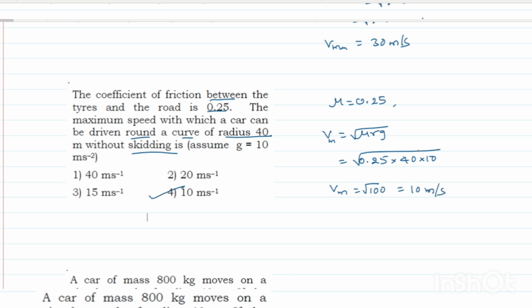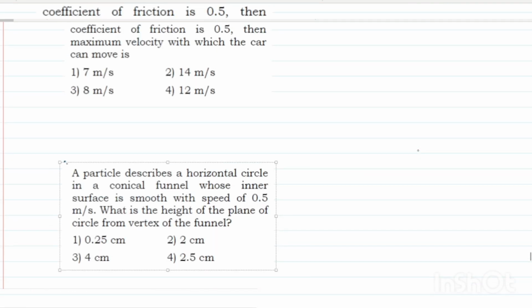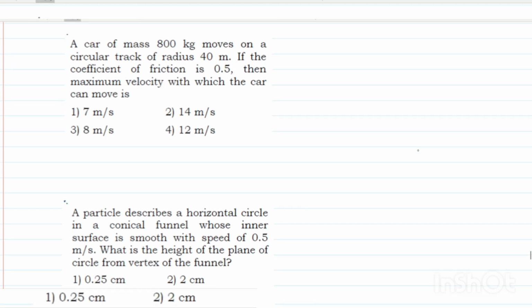And let us look at the next question. These are all similar models. A car of mass 800 kg moves on a circular track of radius 40 meter. If the coefficient of friction is 0.5, what is the maximum velocity with which the car can move?